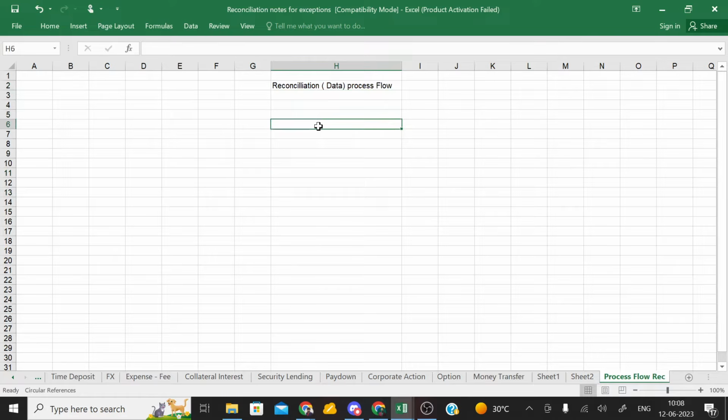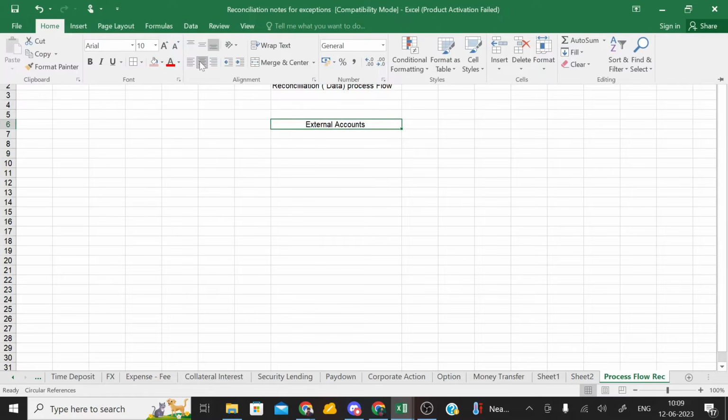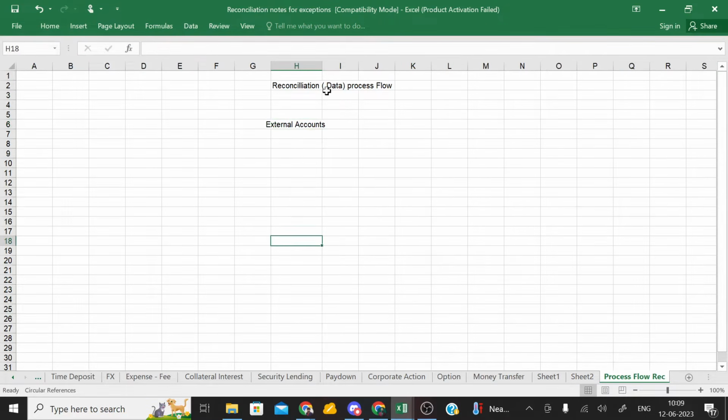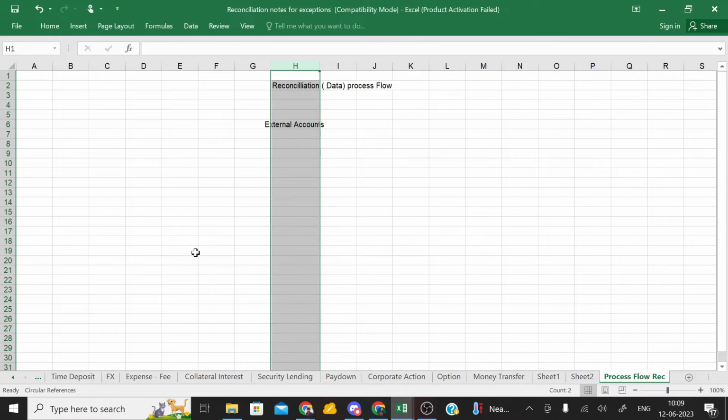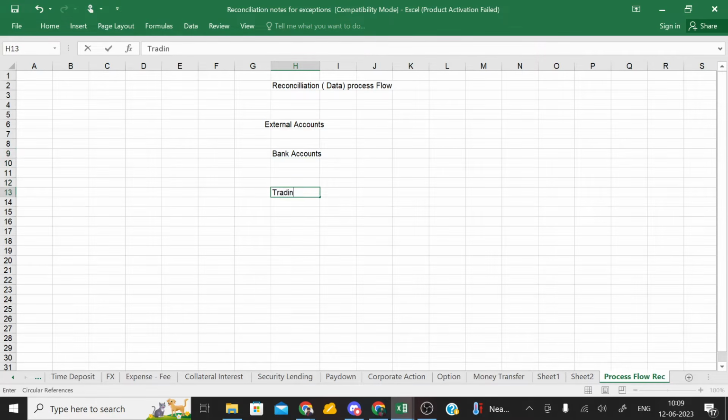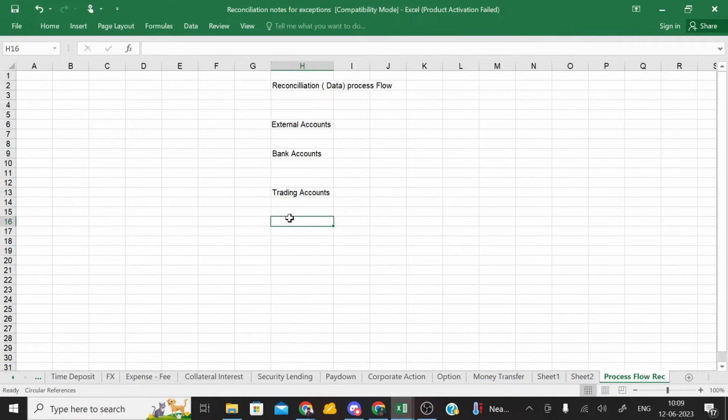There would be external accounts. When we say external accounts, bank accounts come first, then trading accounts, and custodian accounts.